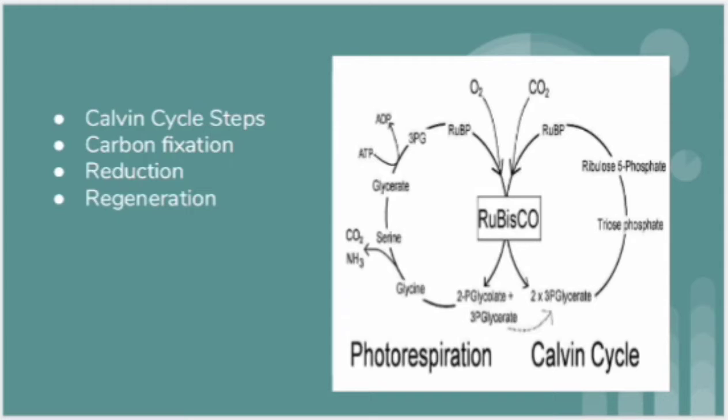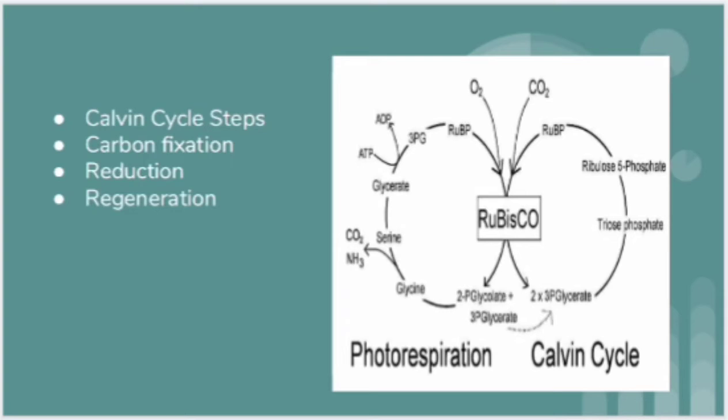This step is called reduction, because NADPH donates electrons to the 3-phosphoglyceric acid molecules to create glyceraldehyde 3-phosphate. In chemistry, the process of donating electrons is called reduction, while the process of taking electrons is called oxidation.